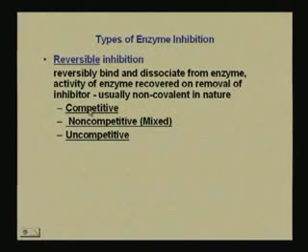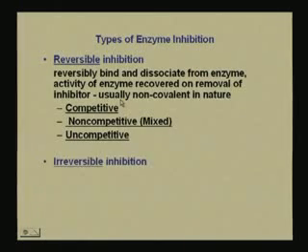So, these are the three different types of reversible inhibition. The features of reversible inhibition again are, there is a reversible binding and dissociation from the enzyme, and on removal of the inhibitor, the activity of the enzyme is recovered and the association is non-covalent in nature.